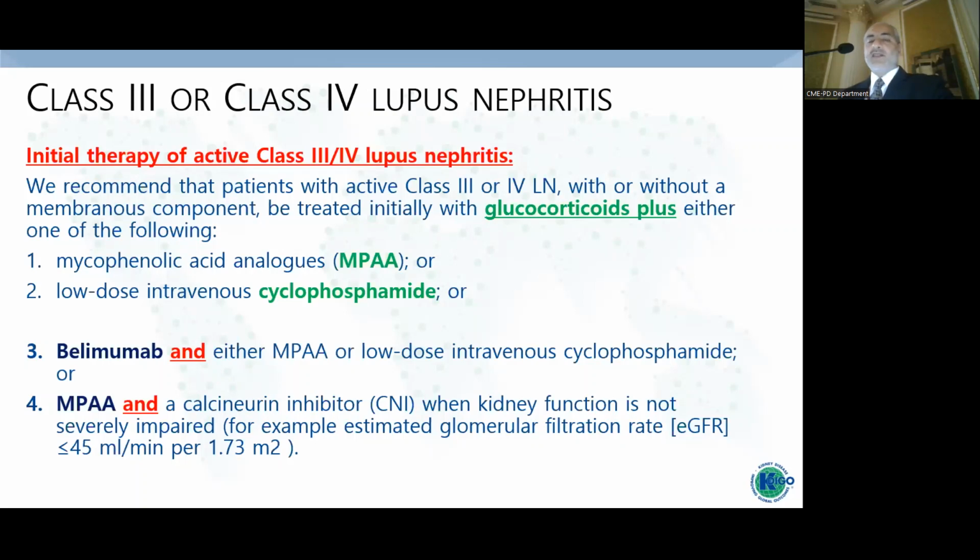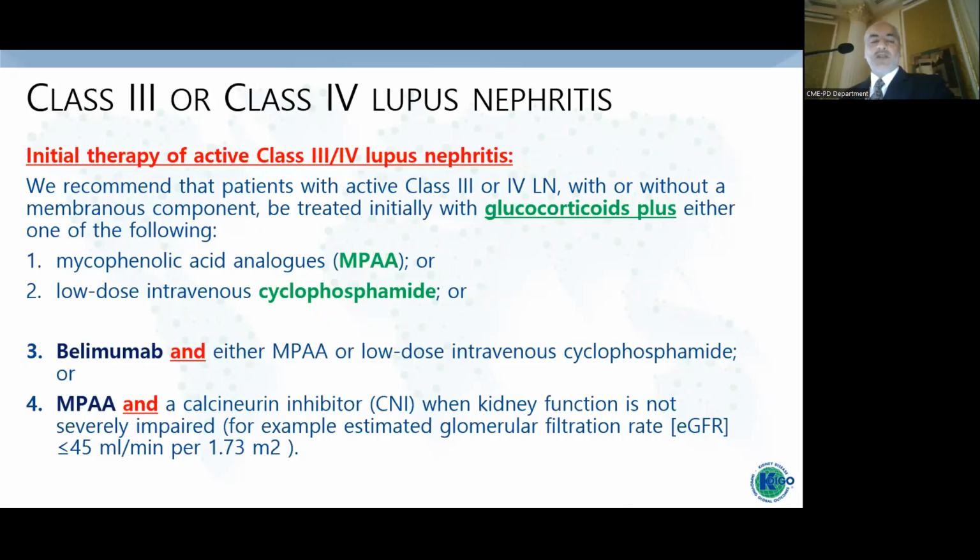This is the standard therapy, but some patients have frequent relapses or severe aggressive disease according to the biopsy, with a high activity index. A third agent, in addition to glucocorticoids and MPA or cyclophosphamide, can be added, like belimumab.